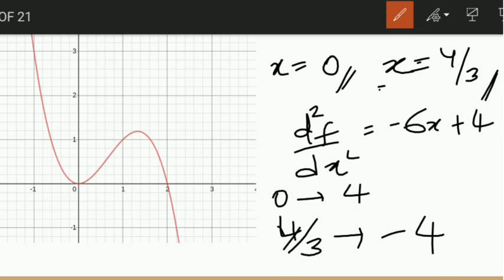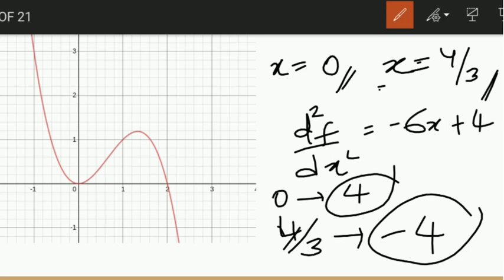We have already said that when the second derivative takes a negative value, we will have the maxima, and when the second derivative takes a positive value, we will have the minima.